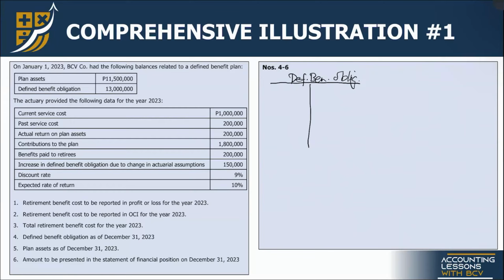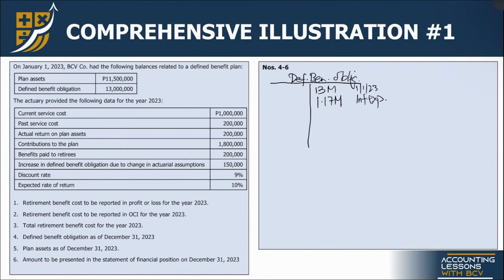Nasa part 1 yun eh. Di ba? Sige. So, what's the first component? That will be the beginning balance. January 1, 2023, how much? 13 million. Next, interest expense. Magkano nga ulit interest expense natin? 13 million times 0.09. Okay? Yan.